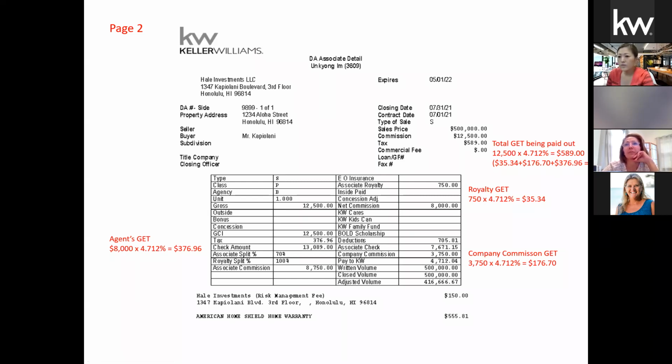The total commission is 12,500. All you're doing is, you know that 4.712% of the 12,500 is the GET being paid on your transaction. That's the 589. That's the rule of thumb. So that's fairly easy, right?